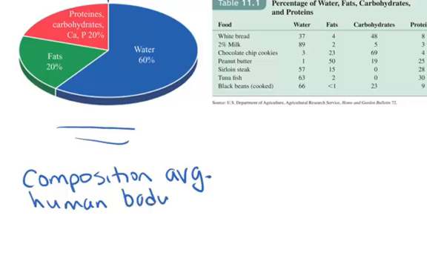The human body is mostly water, 60% water, 20% proteins and carbs, calcium and phosphorus, and then the other 20% is fats. So basically, a human being, excuse me, is a bag of water with certain things dissolved in the water and certain solids existing in the water. Okay, so I like to think of a human as just a bag of water. It kind of trivializes the human condition, but nevertheless, chemically, that's basically what it is.